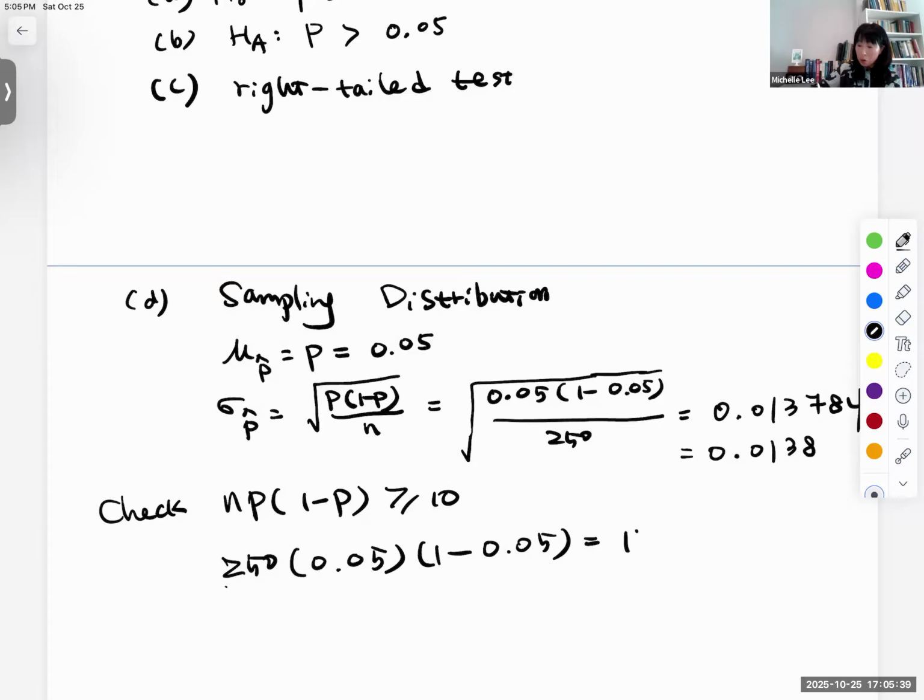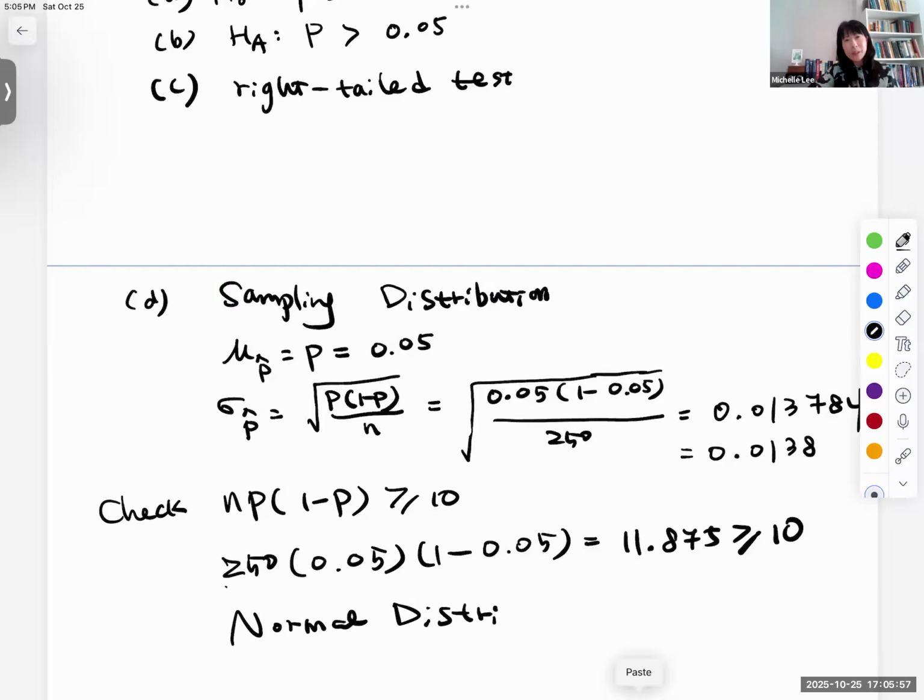It's 11, oh, barely makes that, right? 11.875 is greater than or equal to 10, so it is approximately a normal distribution, right? Okay, why are we doing this? Because we want to use the StatCrunch normal curve.